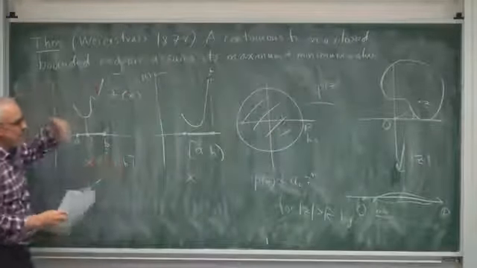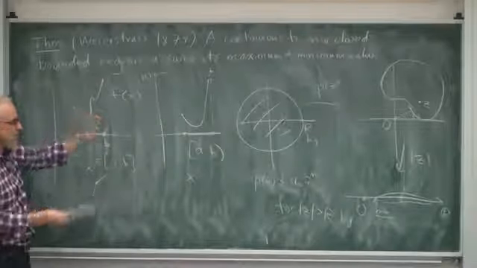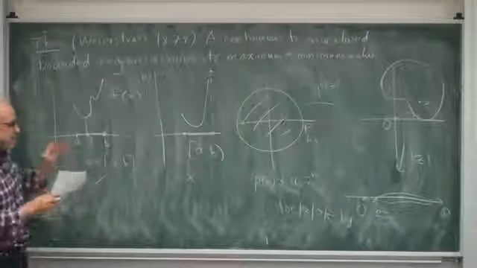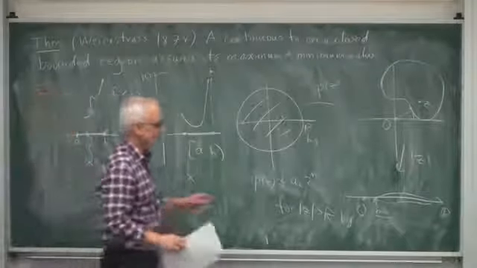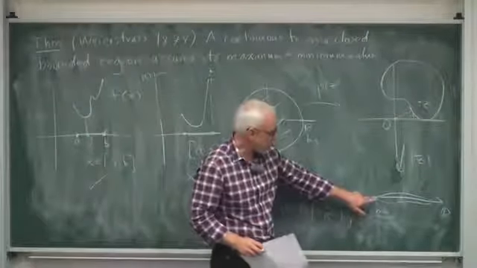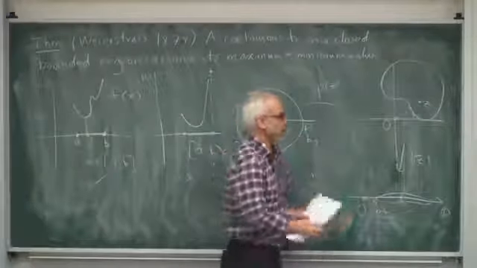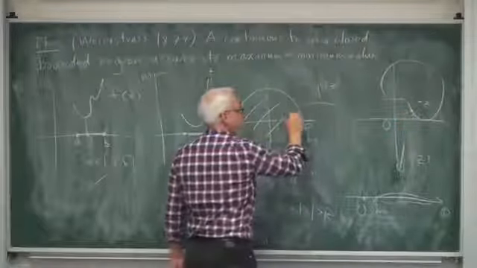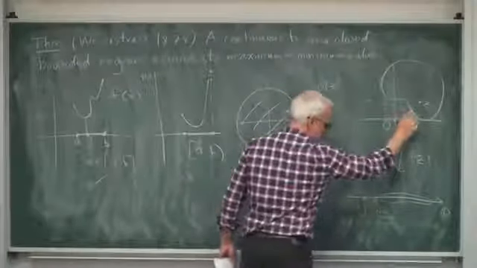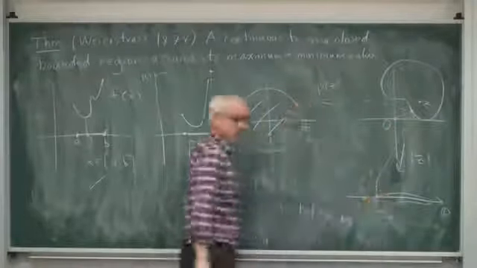And then Weierstrass's theorem, and the intuitive pictorial understanding of D'Alembert, says that this minimum value is actually taken on. There is actually some point over here, call it Z0, which gets sent to this minimum value.